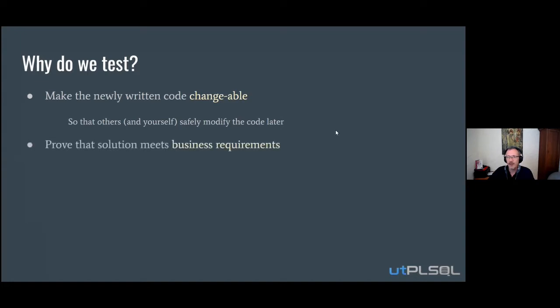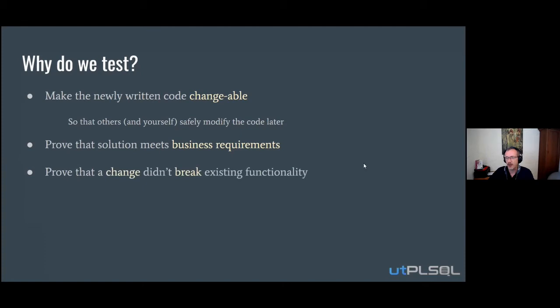You can also prove that the software you've written meets the business requirements. So the test should represent the business requirements, and therefore, when the test is passing, it means that the software works as expected.